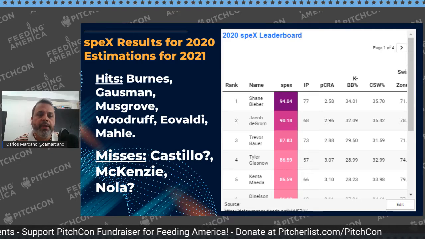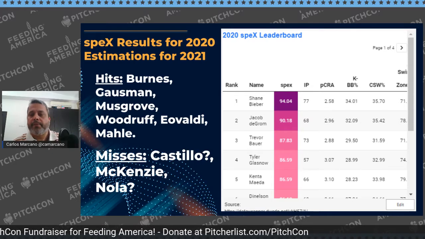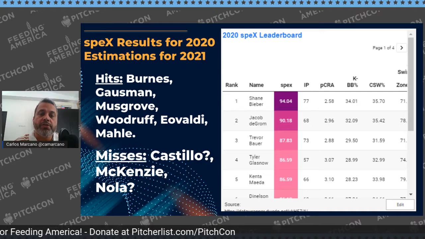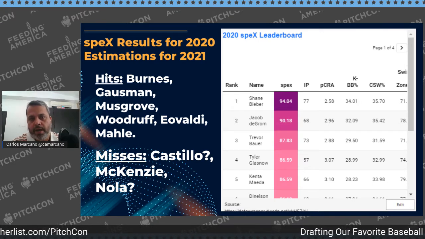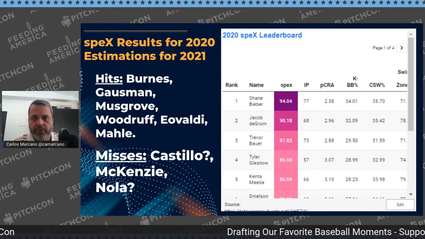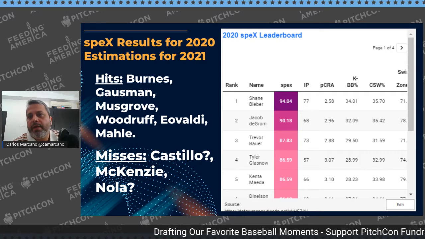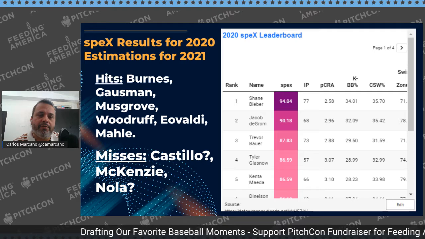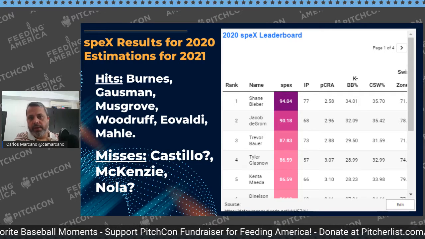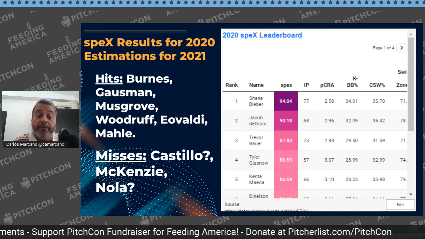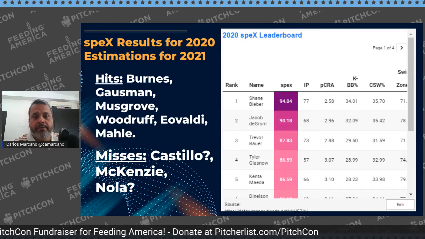I forgot to add him to this slide. And this is something that I did not mention: this was using the SPECS results for 2020. And 2020, I don't need to go too deep into that, but it provided a real problem with every analysis because of the shortened season, and sometimes we didn't have enough data.